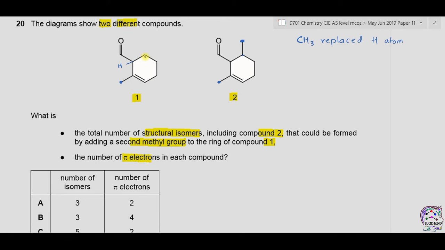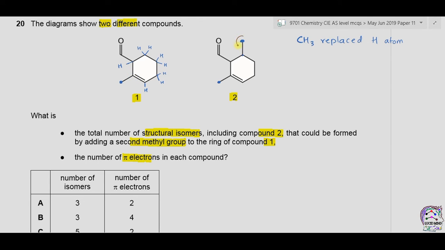So with this carbon, the fourth bond will be with hydrogen atom. This carbon is making two bonds with carbon, so there will be two hydrogen atoms present. Again, with this carbon there are two hydrogen atoms present. Similar with this one. This carbon is making three bonds, and fourth one is hydrogen, and this carbon does not have any hydrogen atoms left.